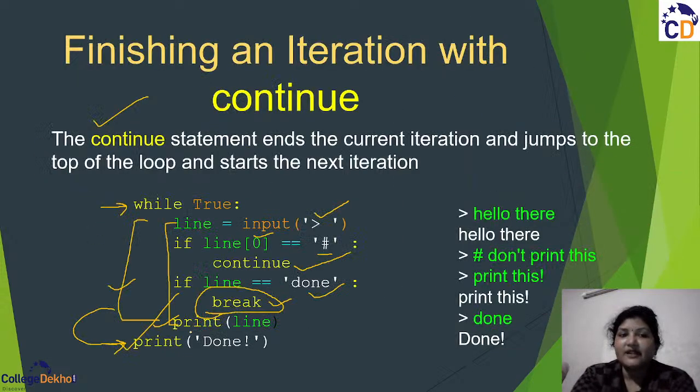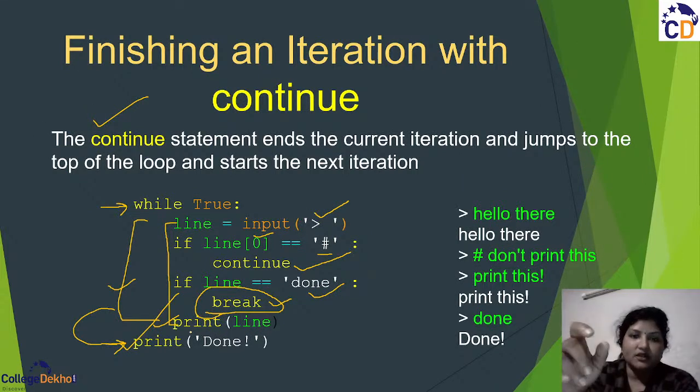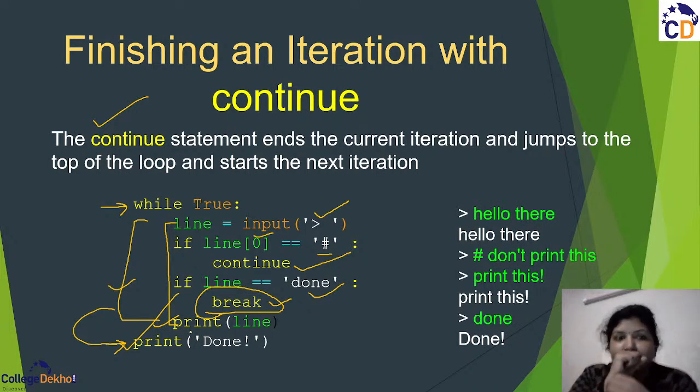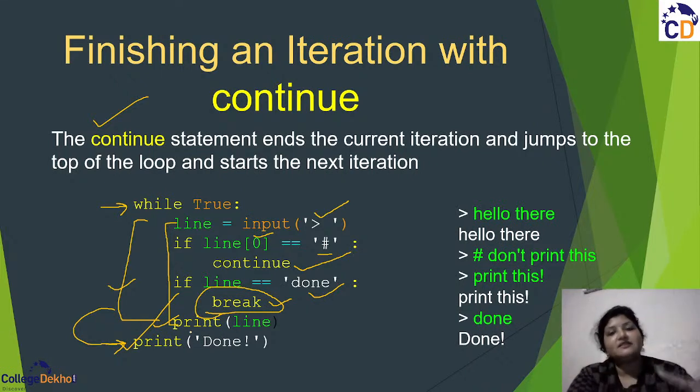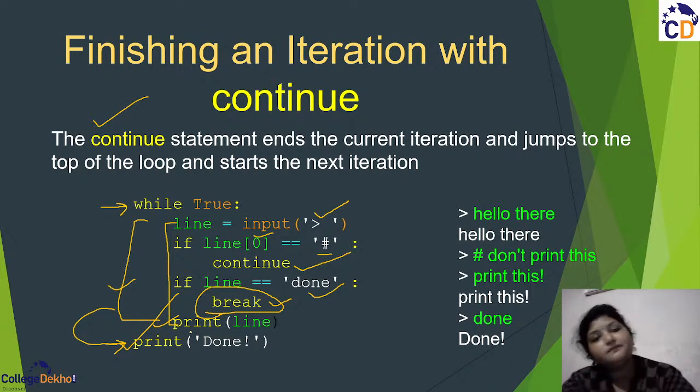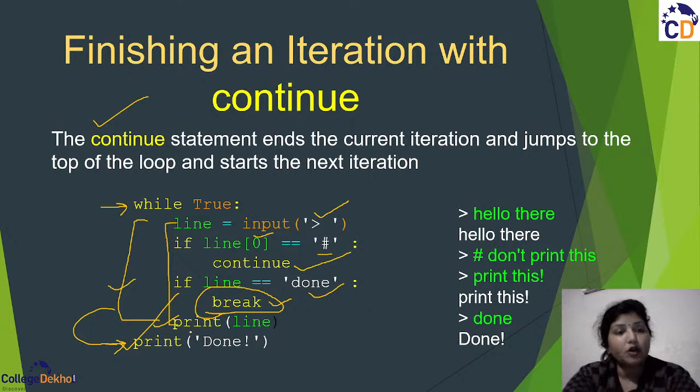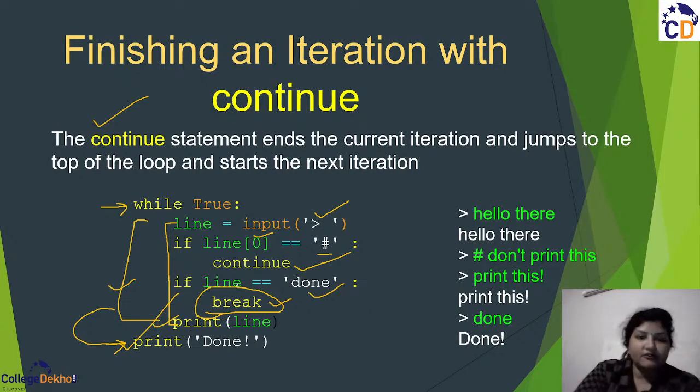Whereas with the continue statement, you have some condition and you don't want to end the loop. Basically the continue statement ends the current iteration and jumps to the top of the loop. So it is going to iterate like this. It ends the current iteration and jumps to the first condition, the top of the loop, not within this if condition.